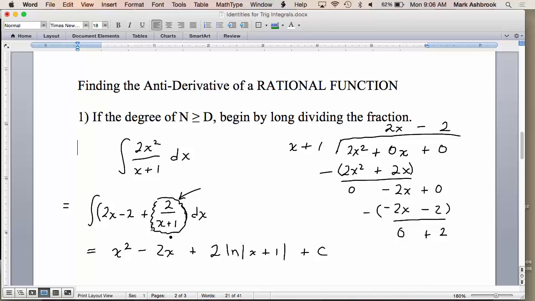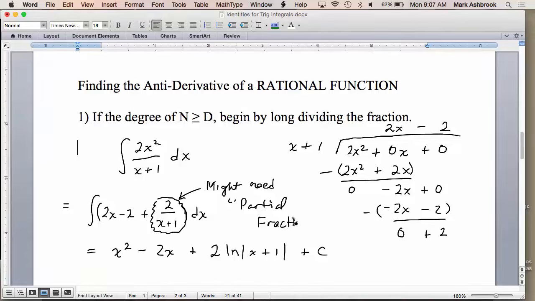We'll get this remainder fraction, and we'll need a technique possibly called partial fractions, which is the main topic of today.